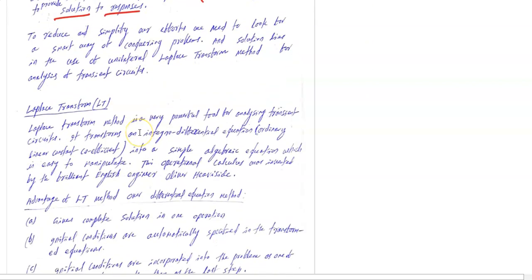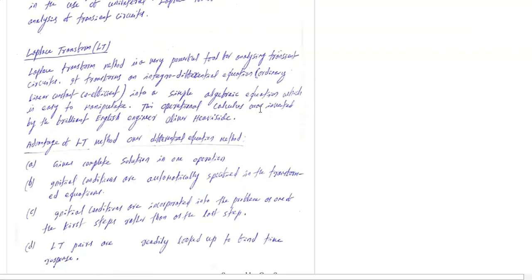To reduce and simplify our efforts, we need to look for a smart way of conquering the problems. That is how the Laplace transform way comes in. The Laplace transform method is a very powerful tool for analyzing transient circuits.